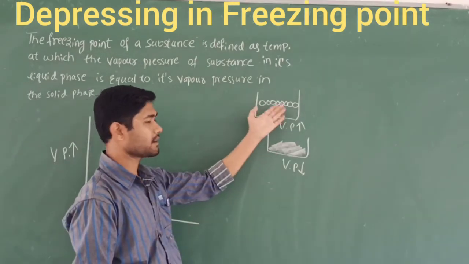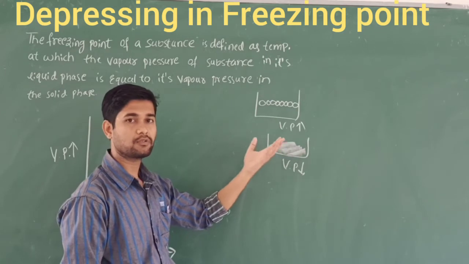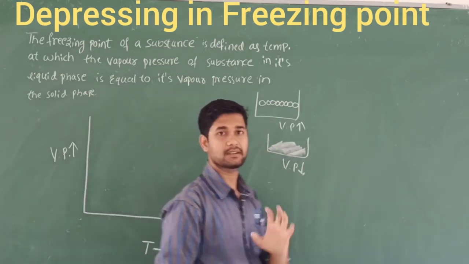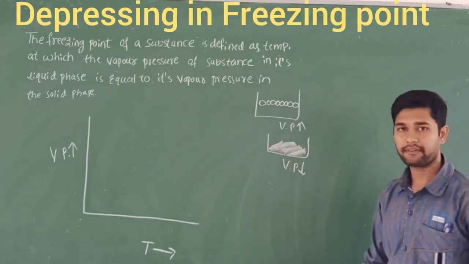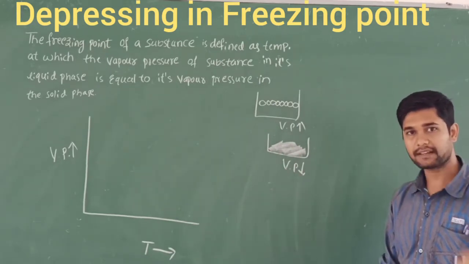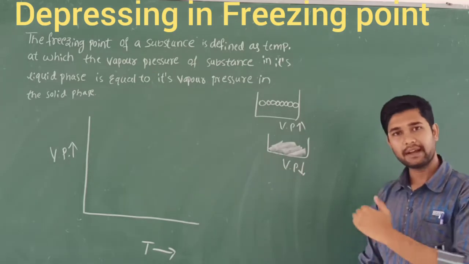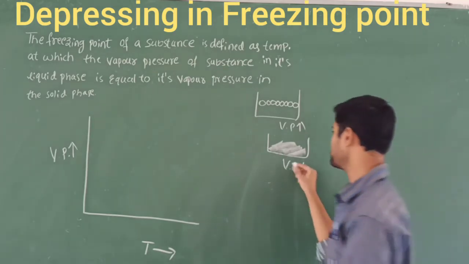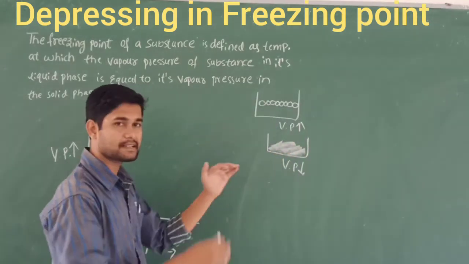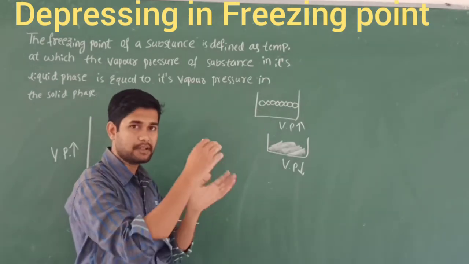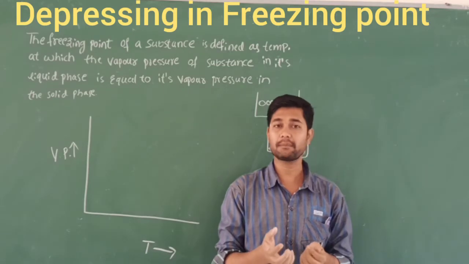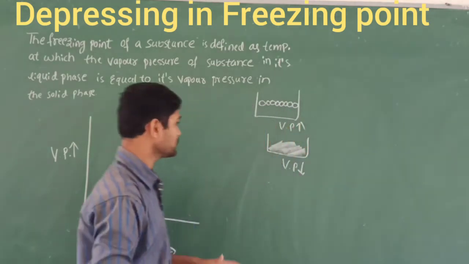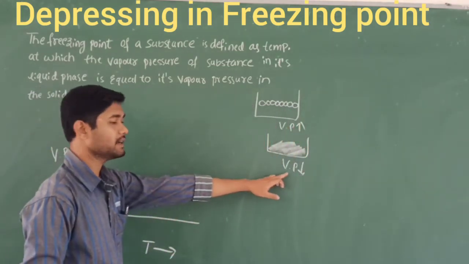When this liquid comes to the solid state, when you decrease the temperature, that is called freezing. You freeze this liquid, then you obtain the solid phase. When the temperature goes on decreasing, its vapor pressure goes on decreasing. When you keep the water in the refrigerator, it becomes solid, and the vapor pressure obviously decreases.